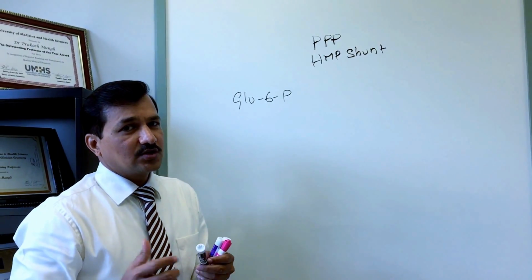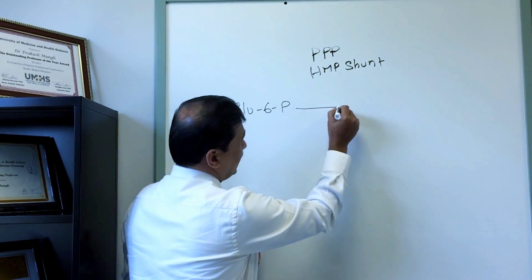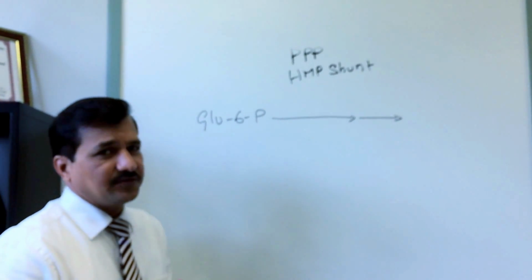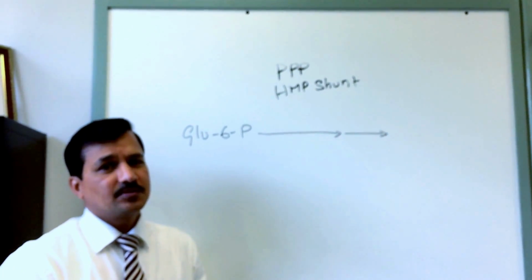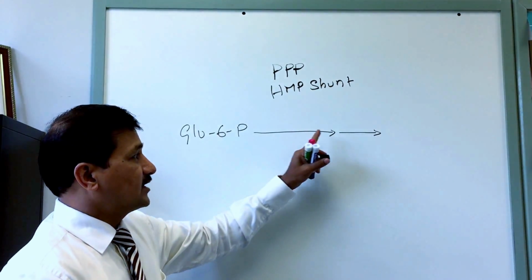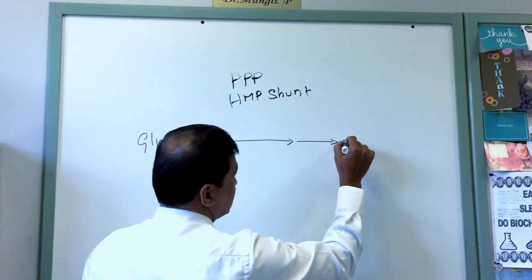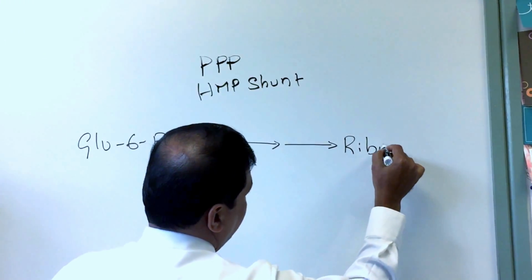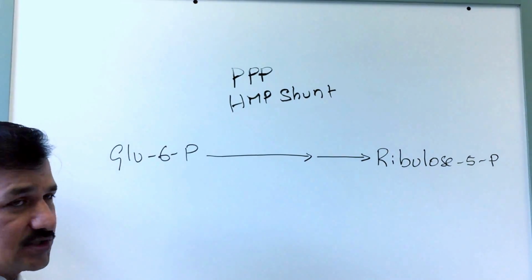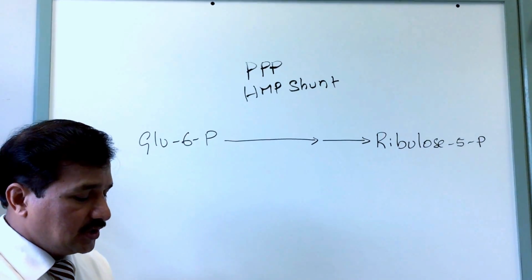Now let's see what happens in the hexose monophosphate shunt or pentose phosphate pathway. Actually, there are two reactions here. Initially glucose 6-phosphate is converted to 6-phosphogluconolactone, and then it is converted to 6-phosphogluconate, and that 6-phosphogluconate will be converted to ribulose 5-phosphate. So these two reactions, the conversion of glucose 6-phosphate into ribulose 5-phosphate, are done by two enzymes.